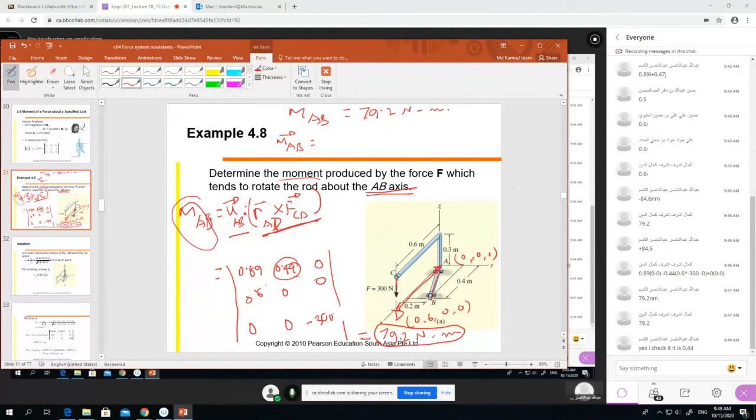Okay. Now, if you want to find the vector of moment AB, that direction moment AB, so we learned before. What do we do? We just multiply the unit vector with the magnitude.